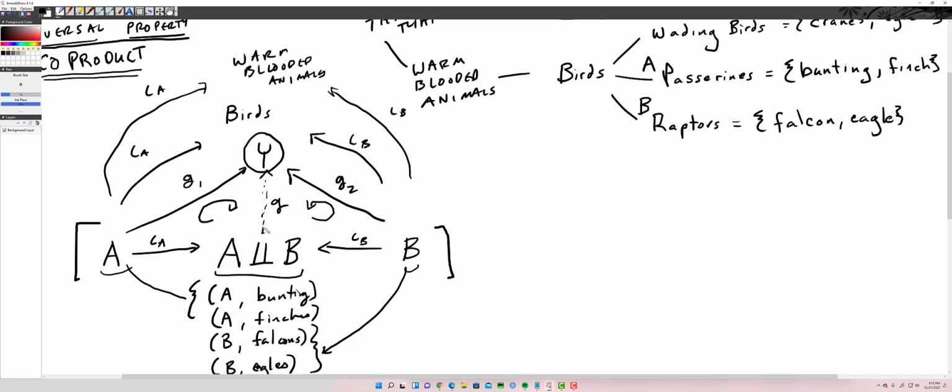Maybe he saw some thrushes or something like that, although that would be a passerine. My point is, those groups don't admit morphisms from A and B. All the morphisms you have from these two families, A and B, are going to be found here. So what I'm doing is finding more general ways to describe what I've already described in a pretty concise way. And that's what I mean.